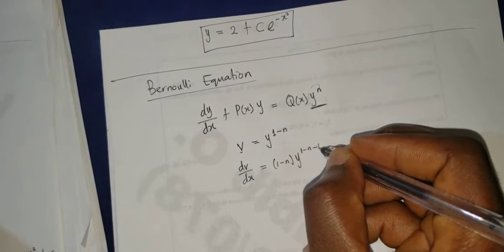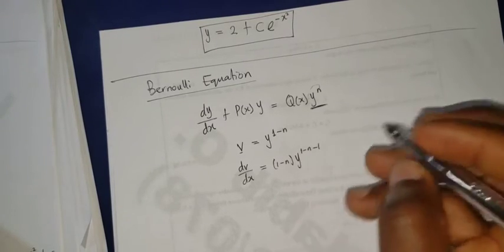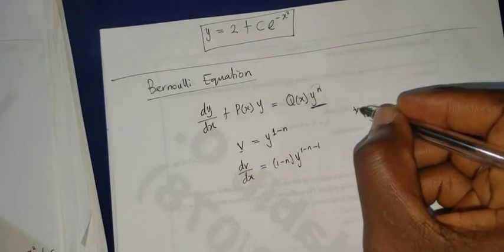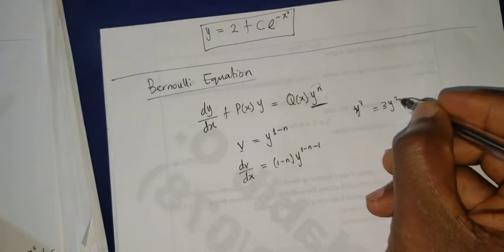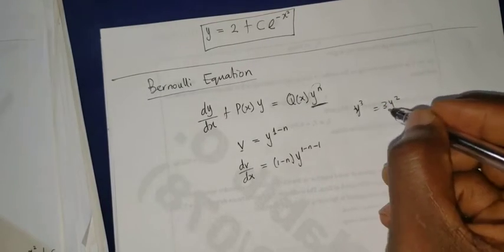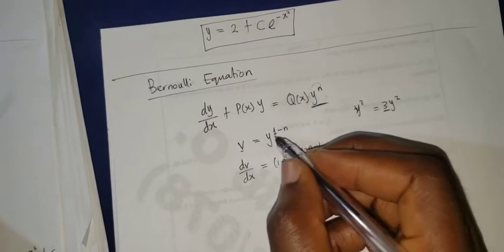Hope you understand that. When you are differentiating, for instance, y raised to the power 3 with respect to y, that will be 3y raised to the power 2. What have you done? You have brought down the power 3.